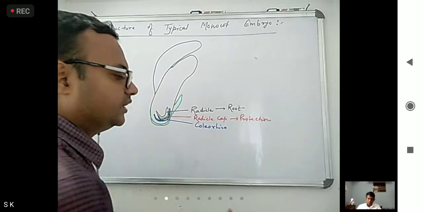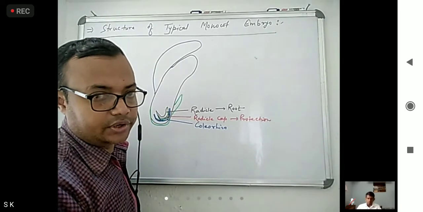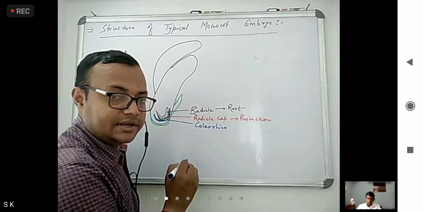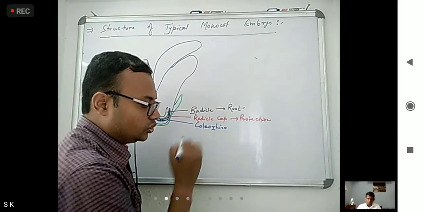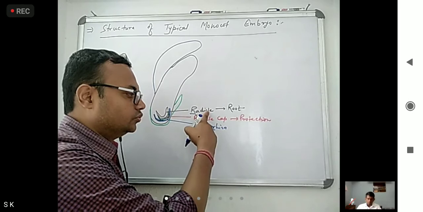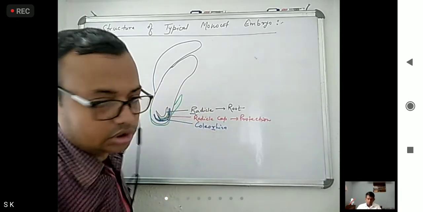Many times questions are asked: coleorhiza covers what, radicle or plumule? So remember that radicle has an R, and coleorhiza also has an R. So coleorhiza always covers the radicle.